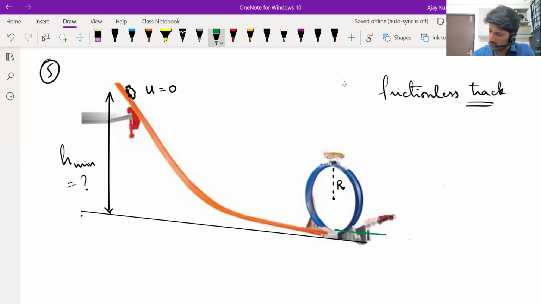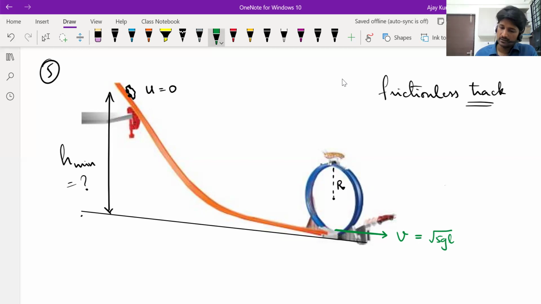So at the bottommost position, the speed should be greater than or equal to root 5gl. So we want the minimum height from which the car is to be released. So it should gain at least the minimum required speed. Means when it comes to that bottommost position, it should have a speed of root 5gl.